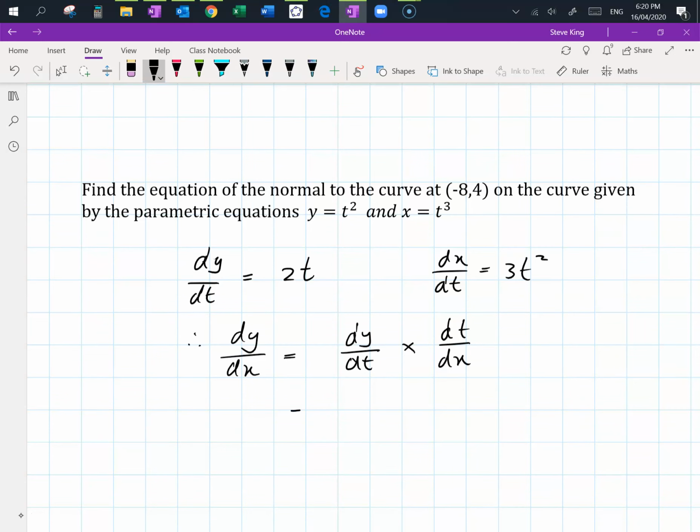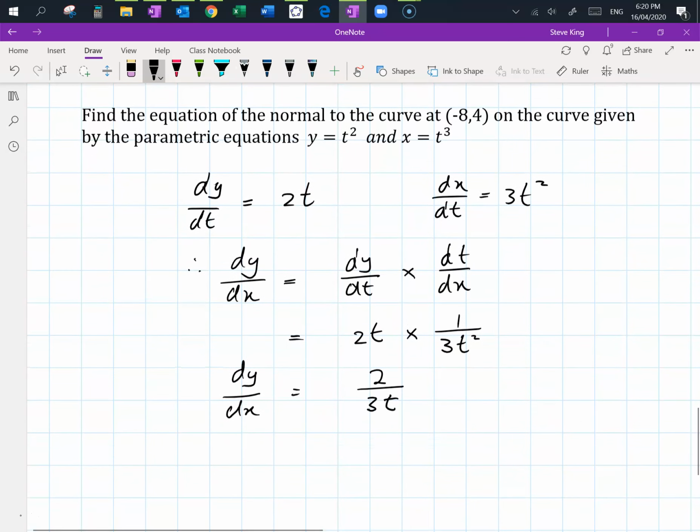We have dy/dt, that is 2t. We don't have dt/dx, we have dx/dt, so we need to take the reciprocal of this. So we're going to multiply this by 1 over 3t squared. And when we combine all those together, we end up with 2 over 3t. That is what dy/dx is.